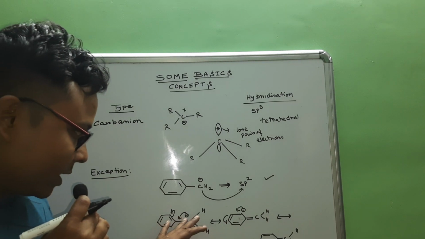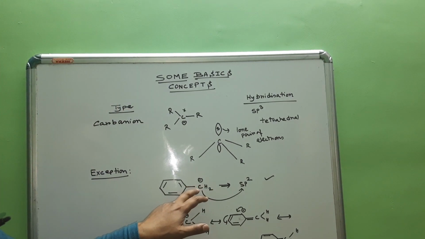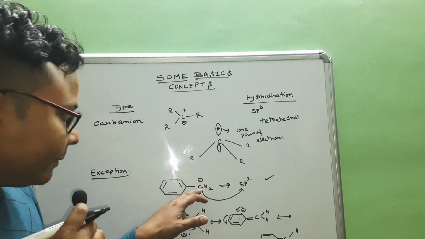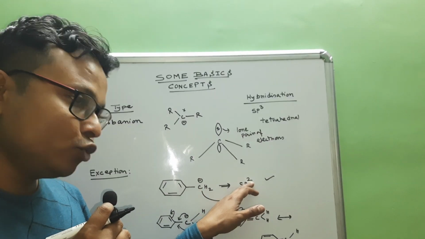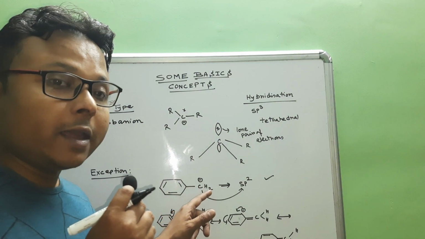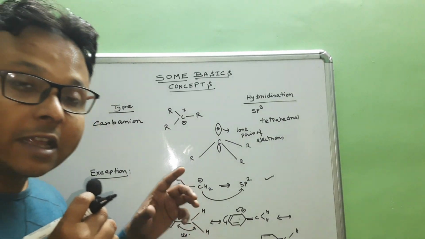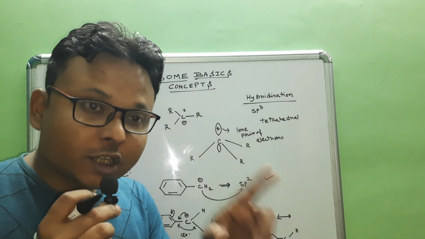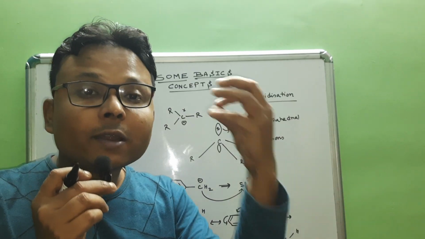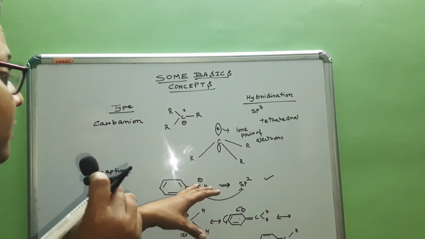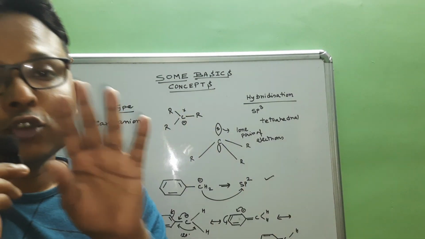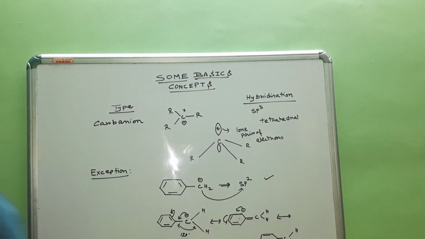To make this delocalization effective, the carbon atom comes in the same plane as the phenyl ring. That's why the hybridization of this carbon atom changes to sp2. This is not sp3, mind it. If the carbanion is attached to any group with which it can make a resonance structure, and its lone pair of electrons is delocalized, then only the hybridization of the carbon atom changes from sp3 to sp2. That's clear.